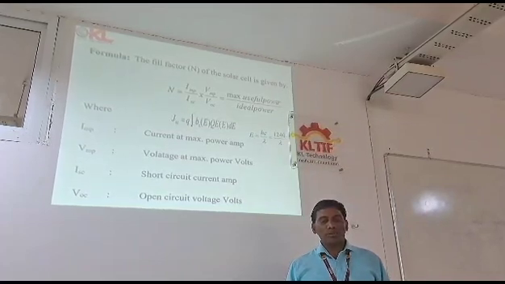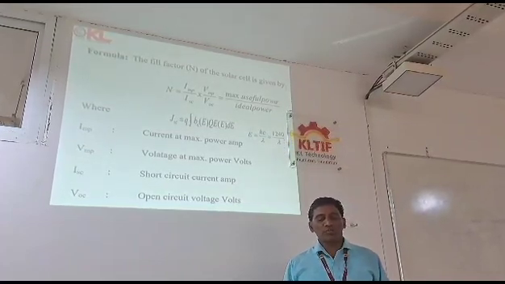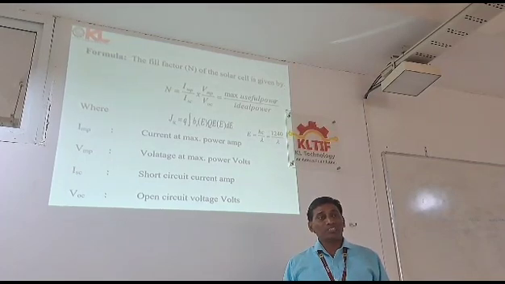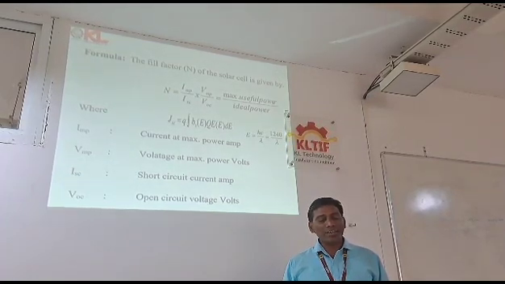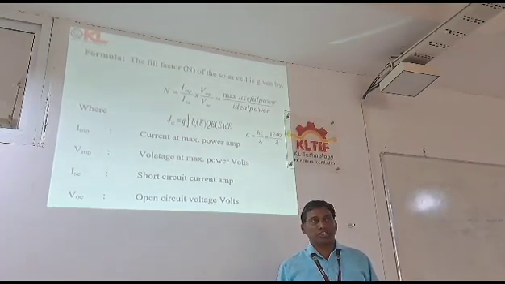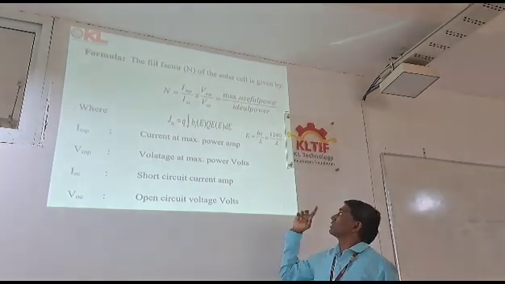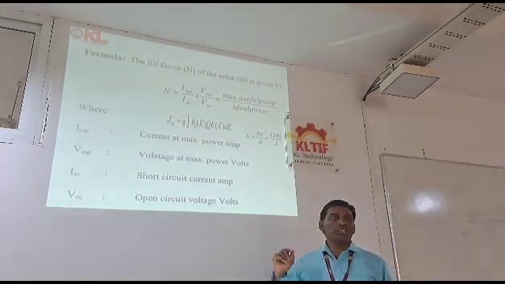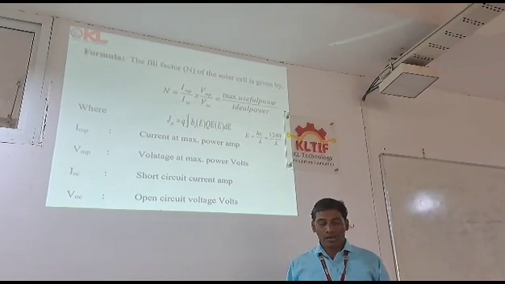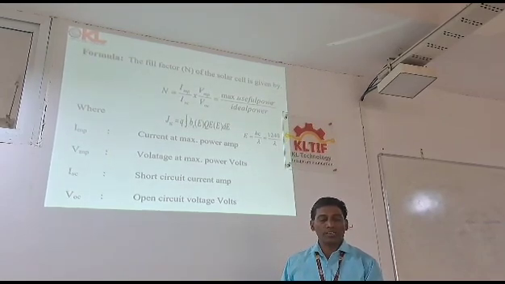It is the probability that an incident photon of energy E will deliver one electron to the external circuit. Here E means hc divided by lambda. So this is a very important point.